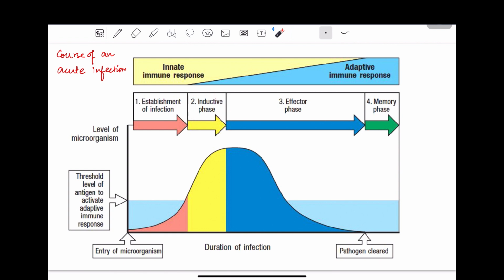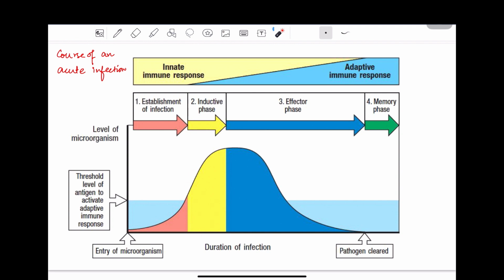So this part number two is the inductive phase. We can see that the adaptive immune response starts to initiate at this point of time. Along with that, the adaptive immune memory also starts to be induced.